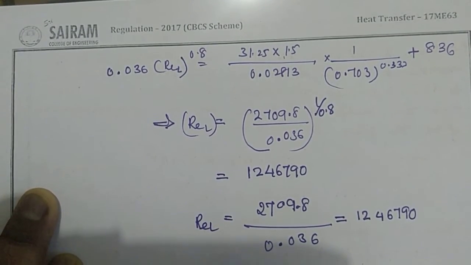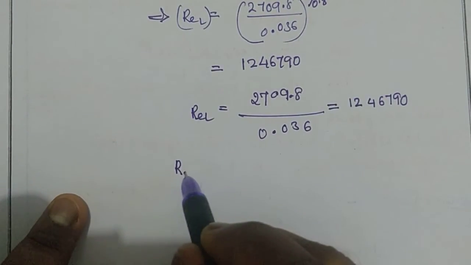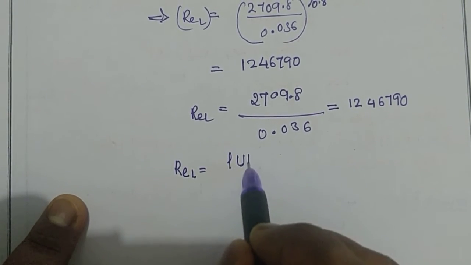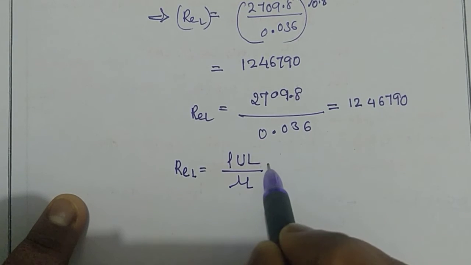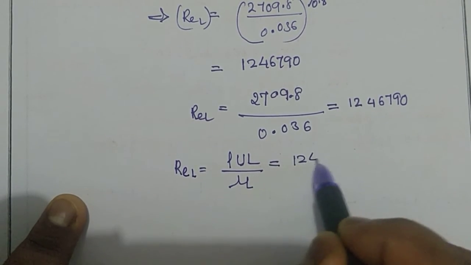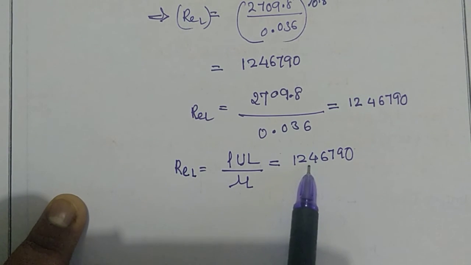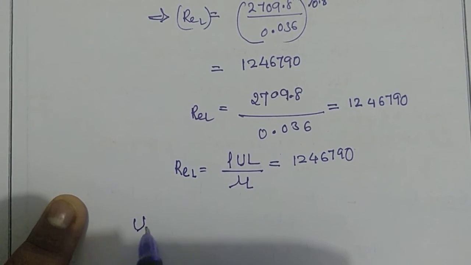So Reynolds number value will be rho U L divided by mu, that is 1246790. So this Reynolds number is above 12 lakhs. So the flow must be turbulent.